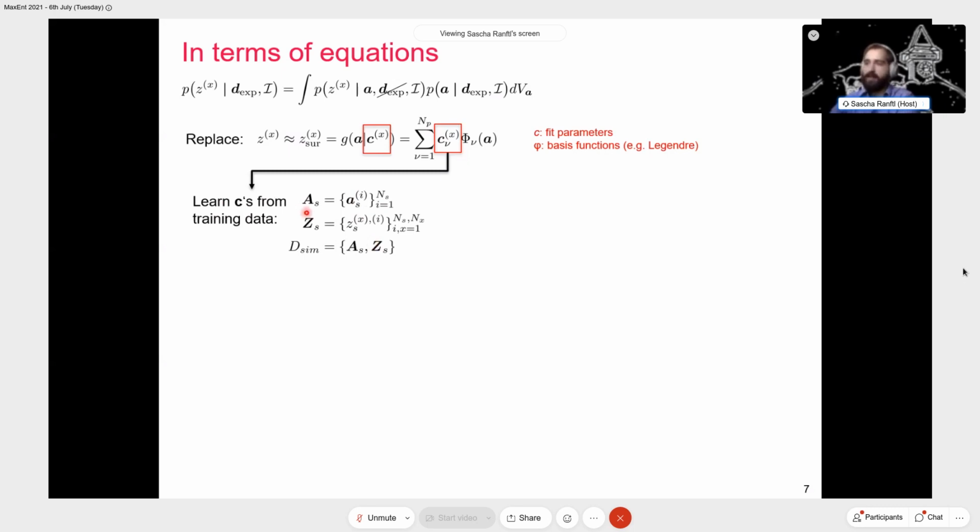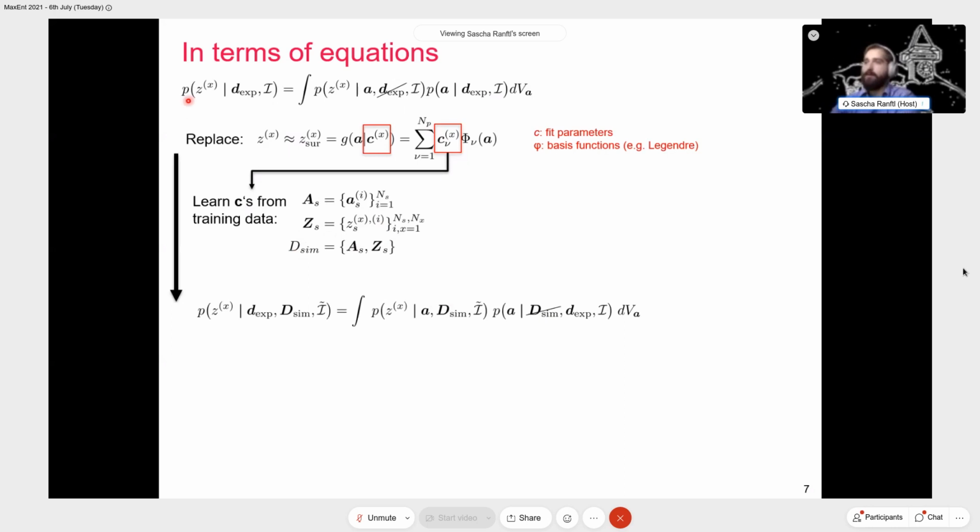So capital A now is the set of samples or pivot points from our input parameter space, and capital Z is the set of corresponding observations or evaluations of the simulation, where we have this double index here: i for the sample corresponding to this i, and x for the location site if we have more than one. Okay, so we can gather this data into this joint set, simulation data, D_SIM.